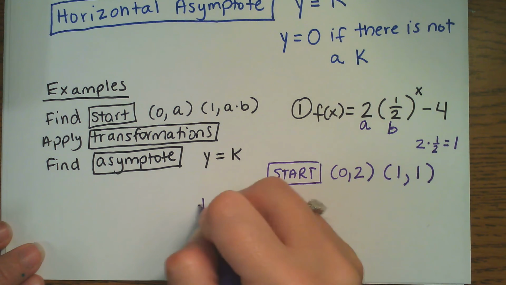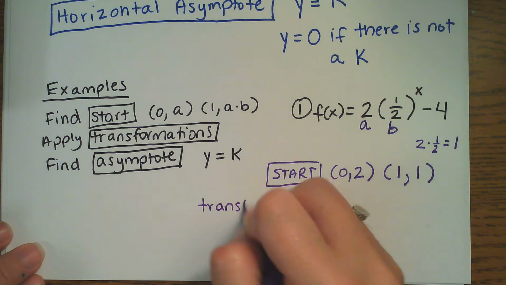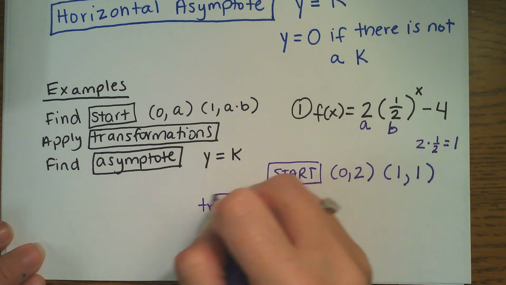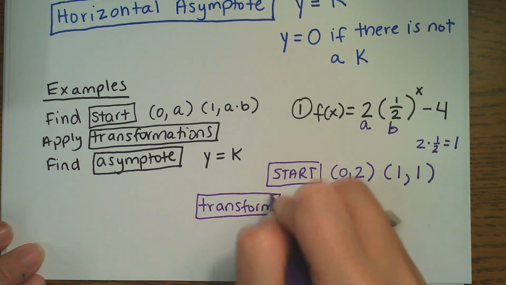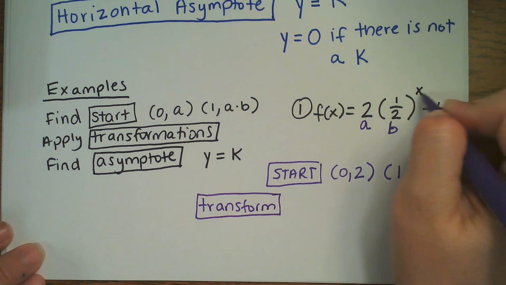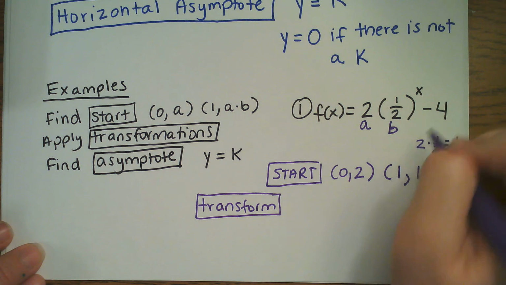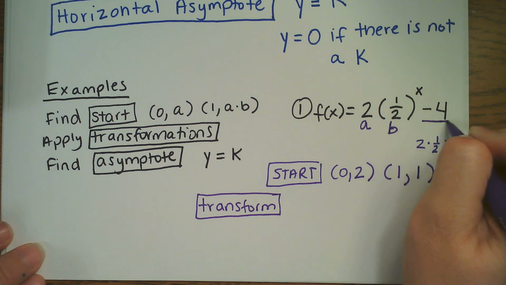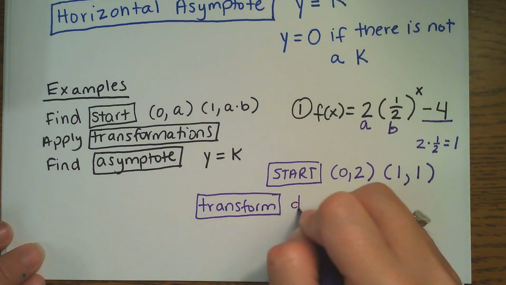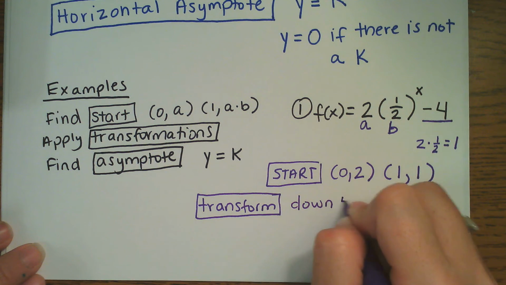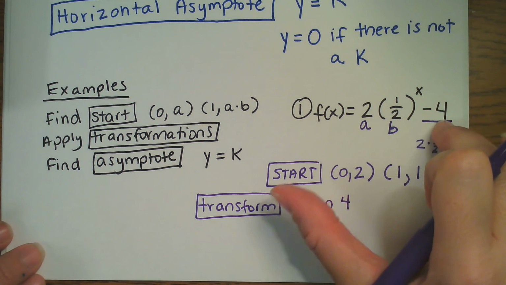The transformations for this function: nothing is added or subtracted to x, so it doesn't go left or right any, but it does move down 4 because of that big minus 4 on the end.